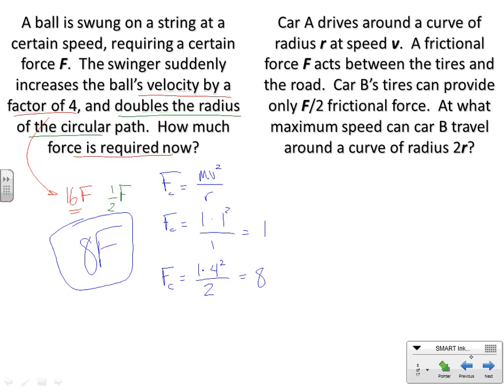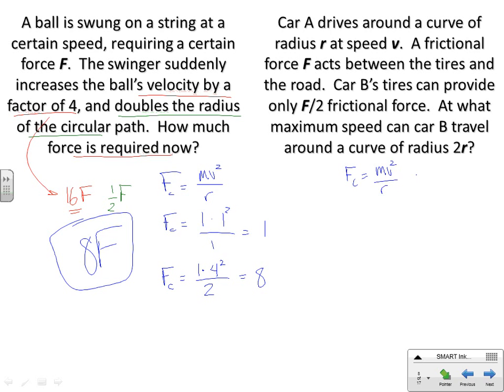Car A drives around a curve of radius r at speed v. Frictional force F allows it to do that. Car B's tires can provide only half that force. At what maximum speed can car B travel around a curve of radius 2r? So I guess we can do this. F is mv squared over r. Let's solve it for v: v is the square root of F r over m.